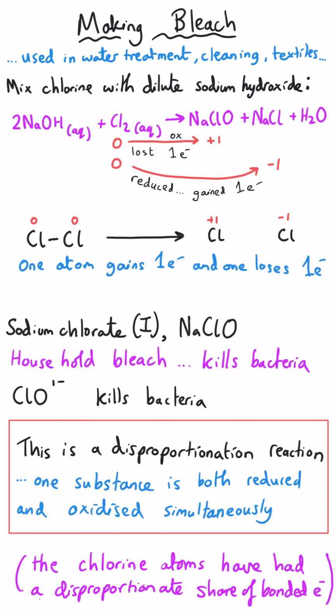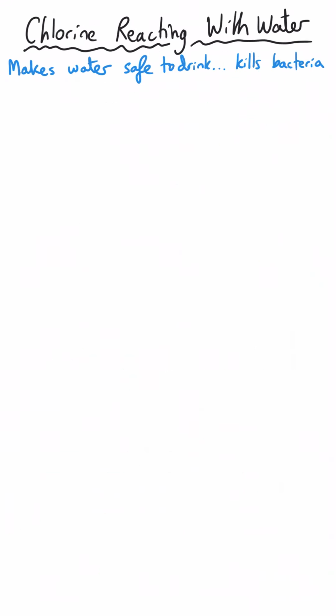Now, sodium chlorate(I) is used in bleach, but it's also good for other cleaning products as well, and also for preparing paper and other textiles. Bacteria in fresh water and drinking water can sadly cause many different diseases, and an epidemic of cholera, for instance, could end up killing thousands of people.